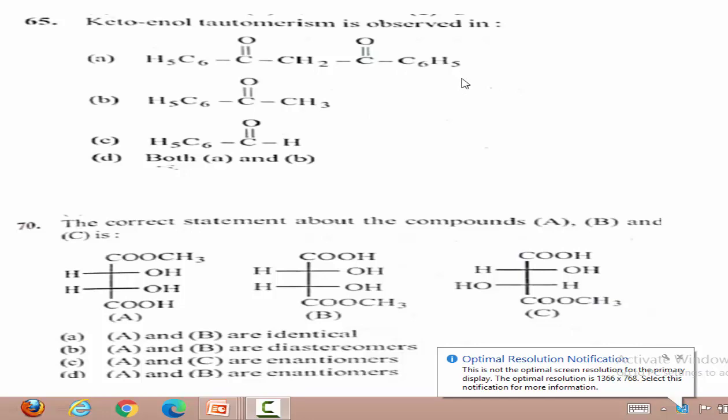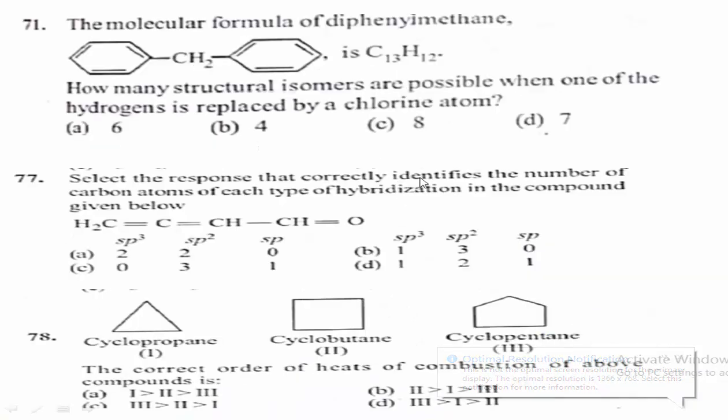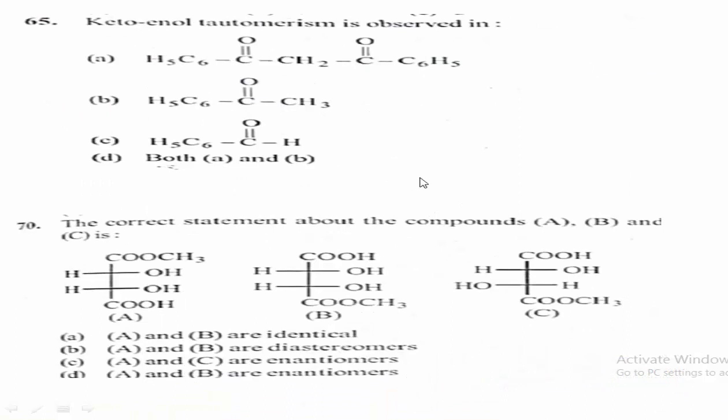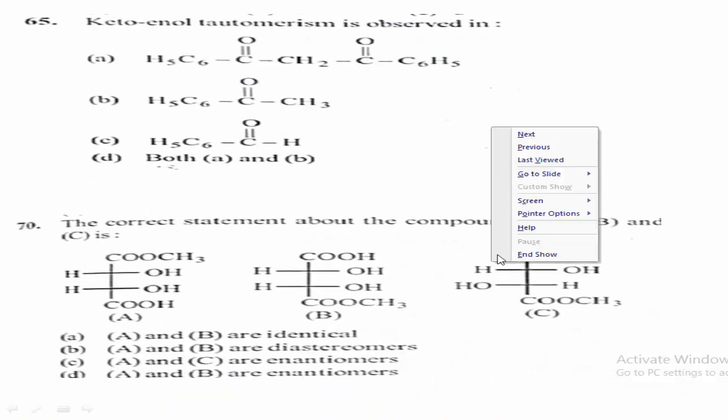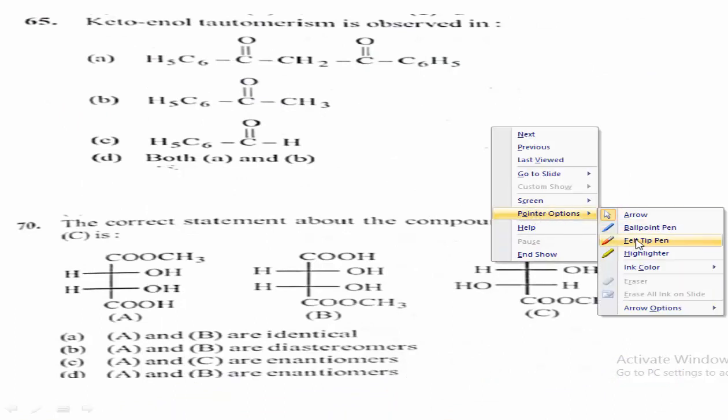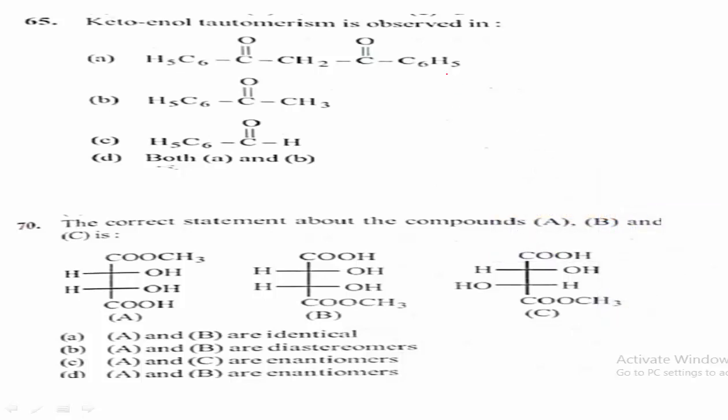Remember, which type of compound shows keto-enol tautomerism? Those which contain an alpha hydrogen atom. Now what is an alpha hydrogen atom? The hydrogen atom present on the alpha carbon atom is called an alpha hydrogen atom. Then what is an alpha carbon atom?